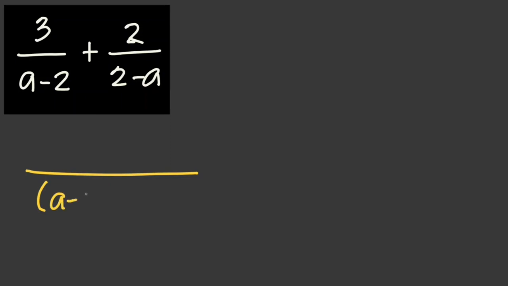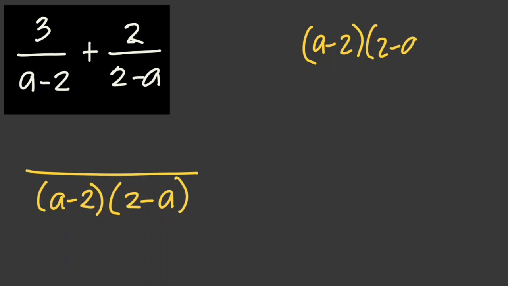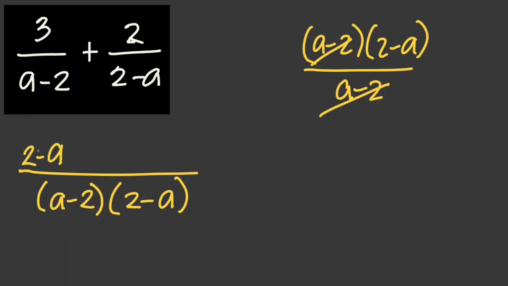That is a minus 2 times 2 minus a, and then we divide it by the denominator of the first rational expression, which is a minus 2. The a minus 2 cancels out, so we are left with 2 minus a times our numerator, which is 3. Copy the operator sign, which is plus.